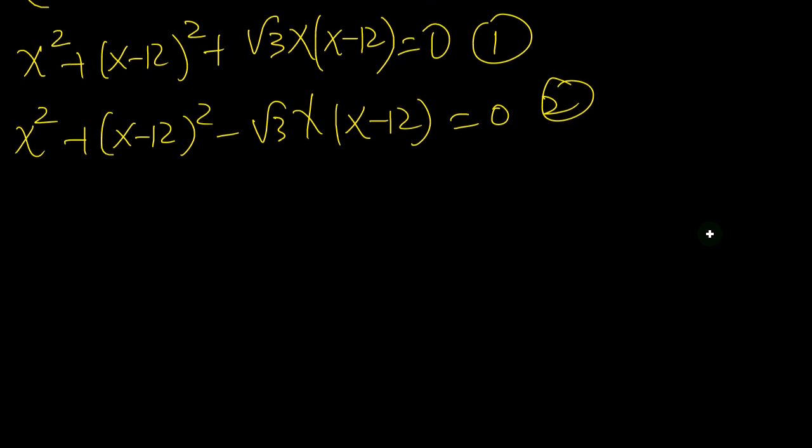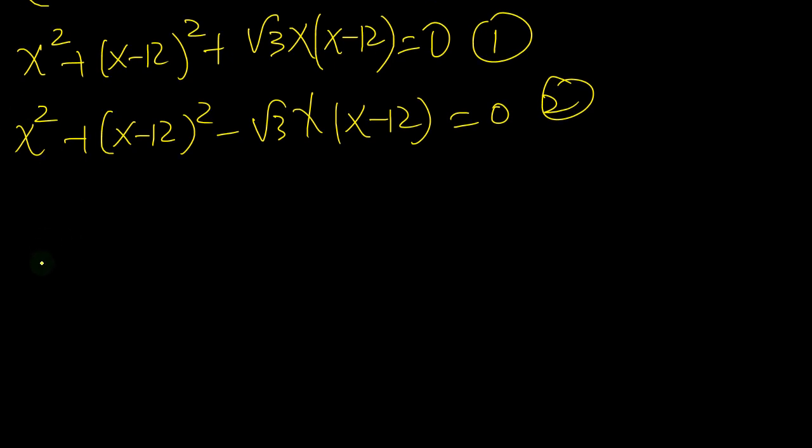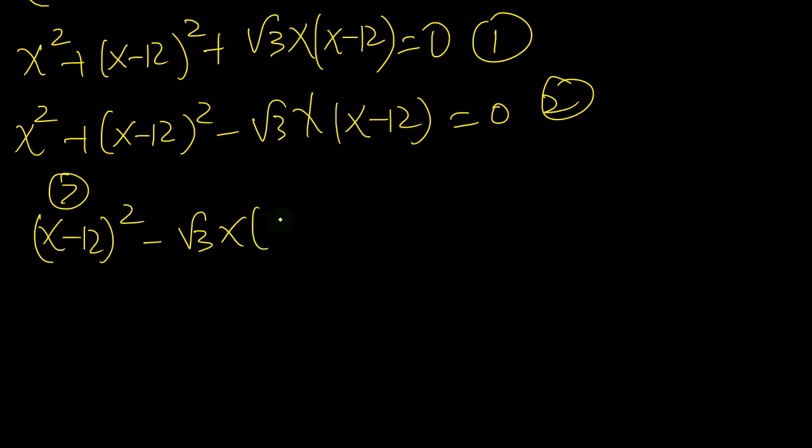So solving the first one, guys, I'm gonna write this as x minus 12, the first one, squared, plus, minus, I'm gonna pick the second one, this one here, minus square root of 3x times x minus 12, plus x squared, and then this is 0.